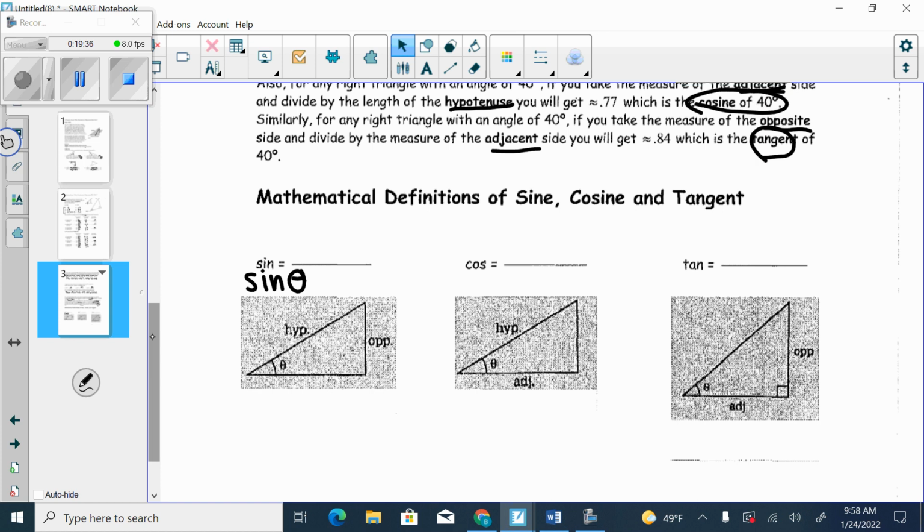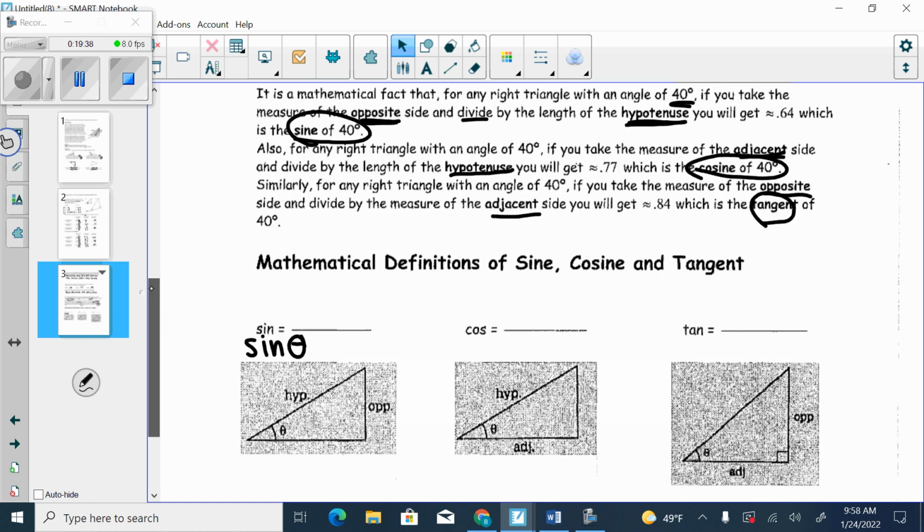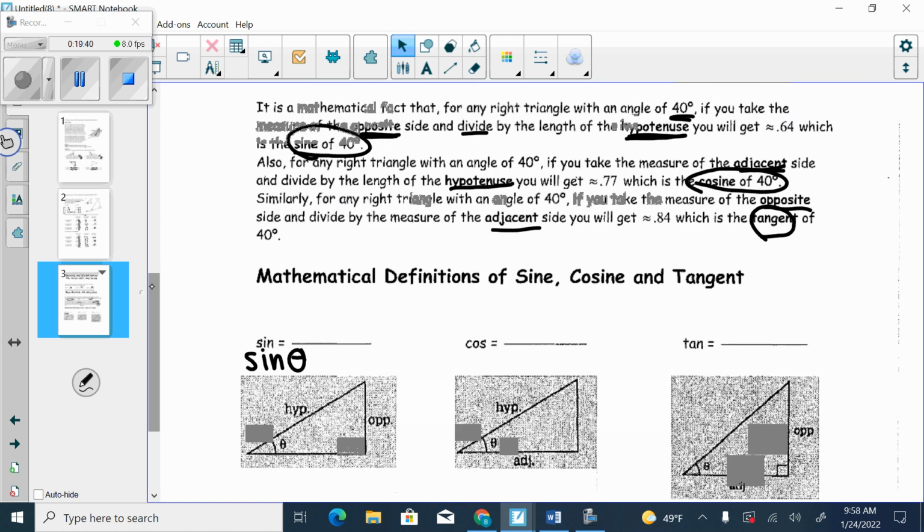And we said that to find sine, you're going to divide the opposite side by its hypotenuse. So that's what I'm going to write here. Sine is opposite over hypotenuse. Same idea for cosine. They will probably ask you to find cosine of either a specific angle or cosine of theta.